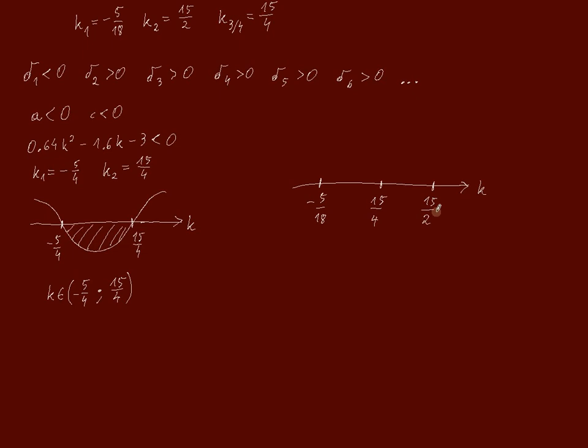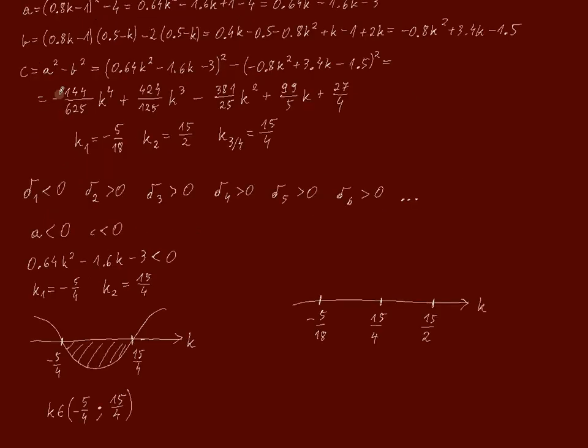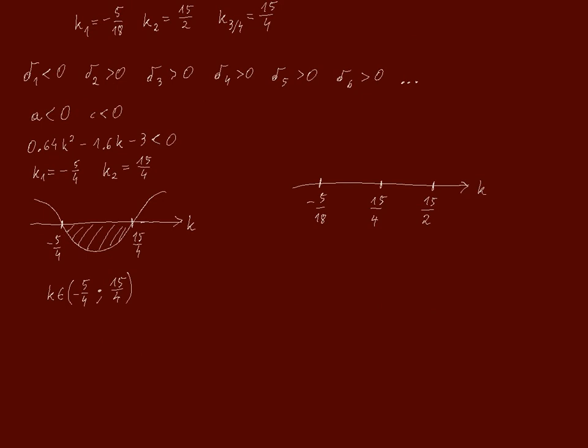The parameter at the highest power is negative, so we start drawing from the bottom. The root 15/4 is double, so the graph bounces. And this polynomial was supposed to be greater than 0.